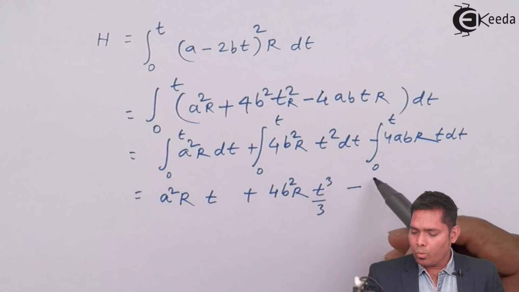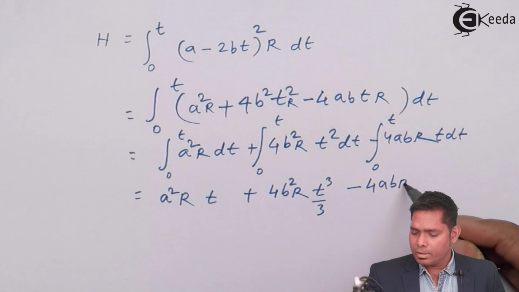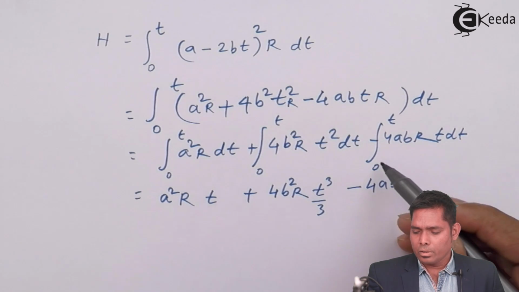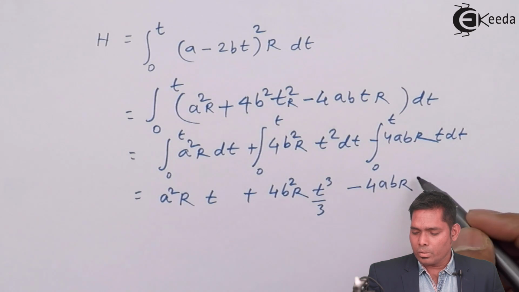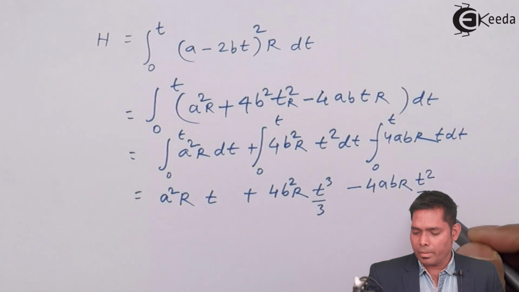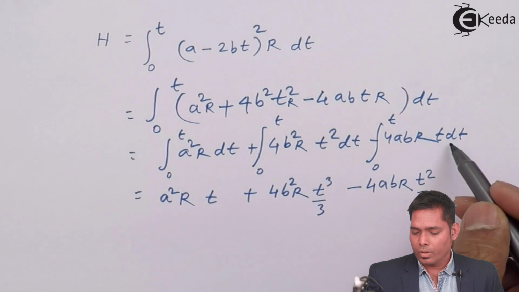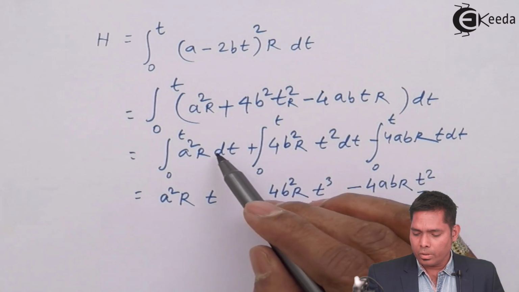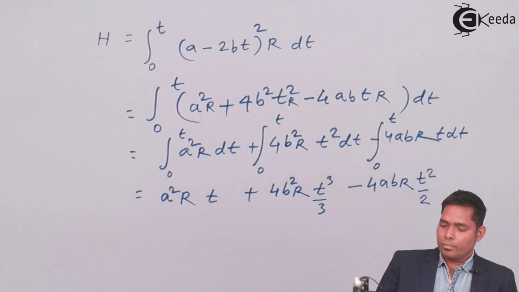Minus 4abr is taken out, t dt integration, from 0 to t, so it is only t square divided by 2. This is t cubed by 3, this is t square by 2, and this is only t. Okay.